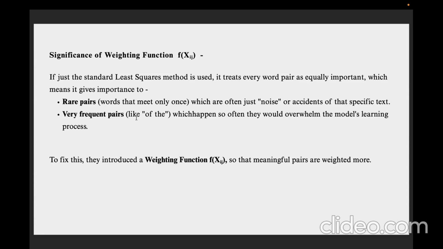Whereas very frequent pairs like I am or of the appear very frequently in many documents, which is why training upon them could lead the model to be undertrained and not give very nice vector outputs. That's why these two kinds have lesser weighting function, while other pairs which focus more on target words have higher weighting function.